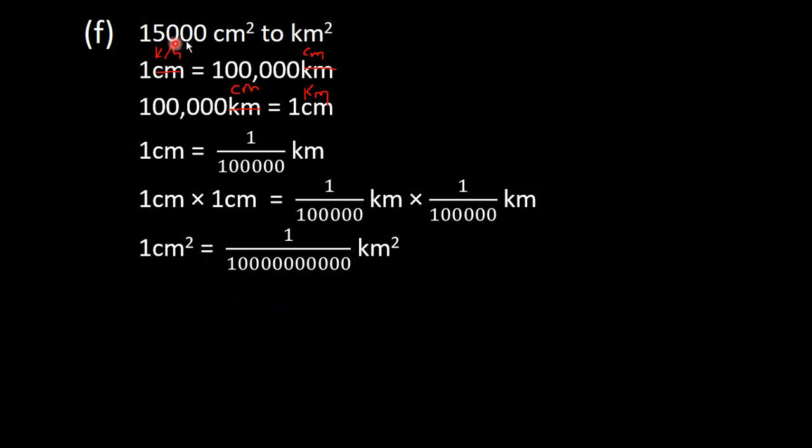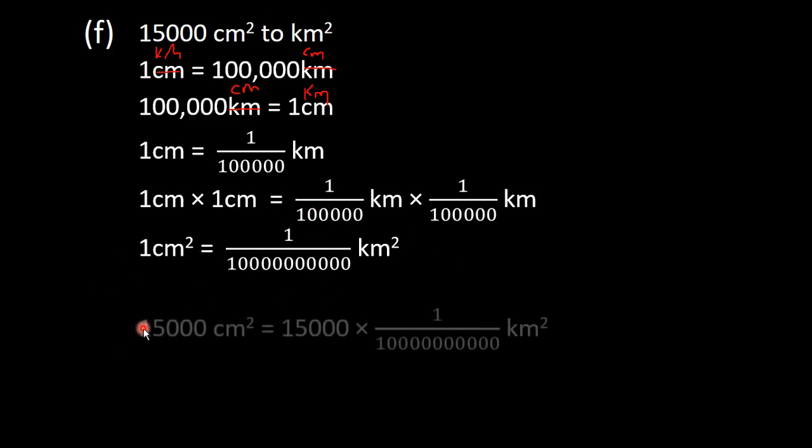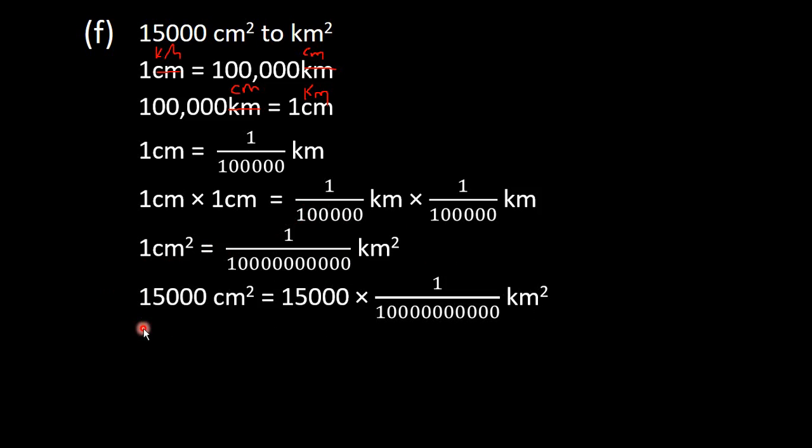Now what about the 15,000 centimeters squared? I'll simply multiply by this. If 1 centimeter squared is equivalent to 1 over 10 billion kilometers squared, then 15,000 centimeters squared is 15,000 times 1 over 10 billion kilometers squared, which is 15,000 divided by 10 billion kilometers squared.